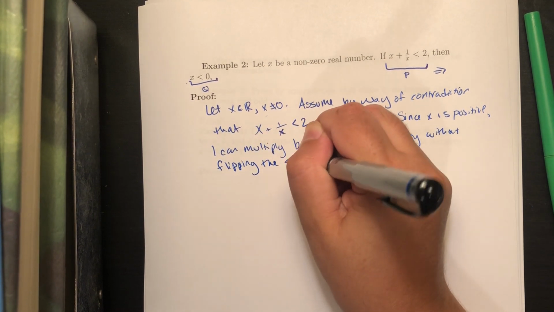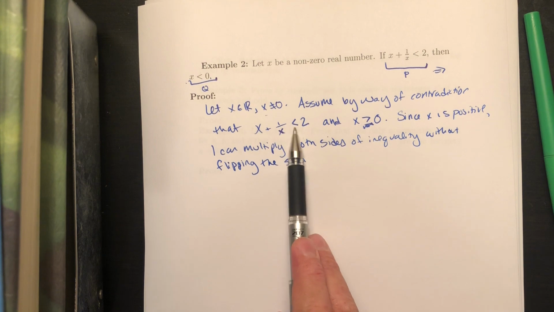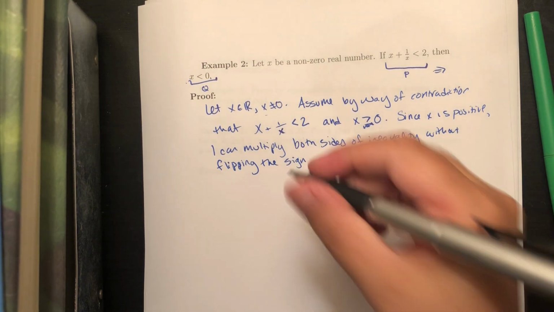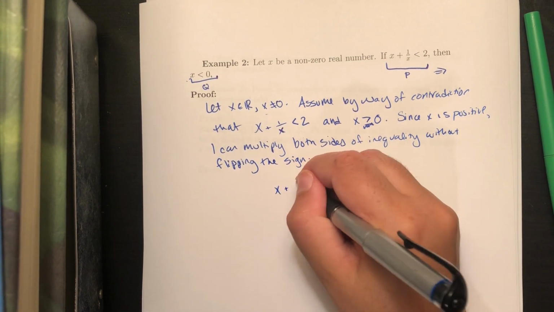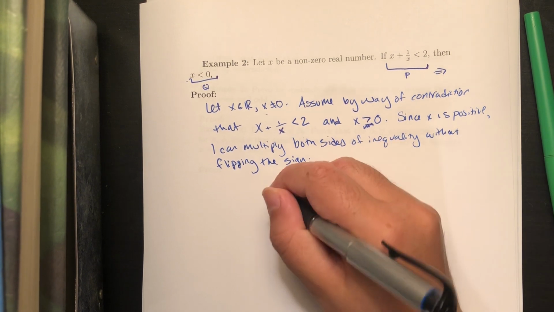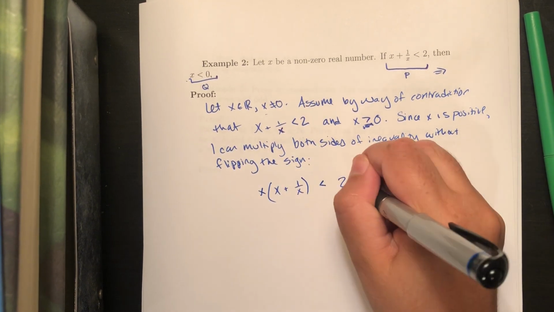If we didn't know whether x was positive or negative, then we couldn't really do that because we don't know if we have to flip the sign or not. Right, so we get x plus 1 over x is less than 2, and we multiply both sides by x.